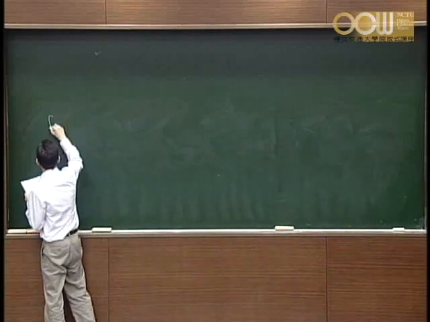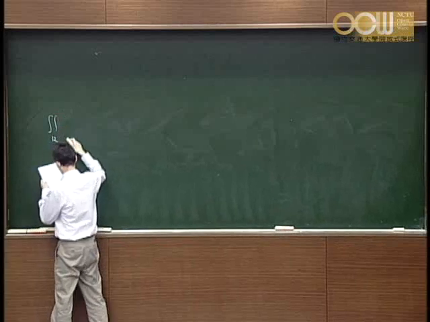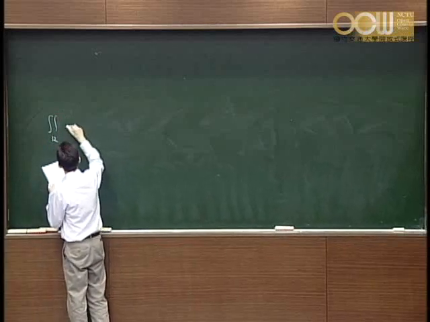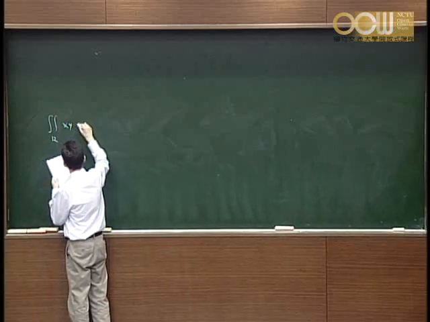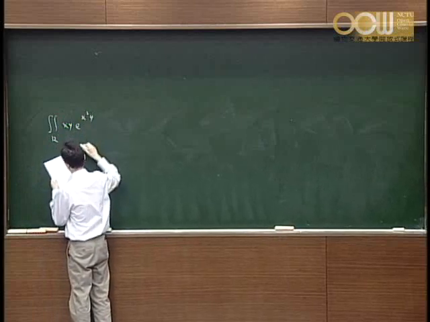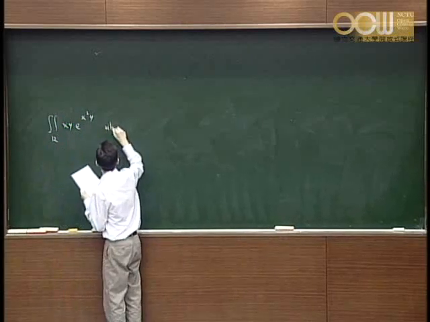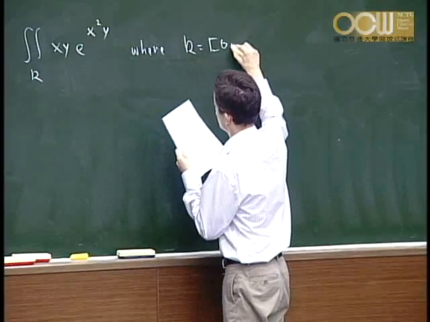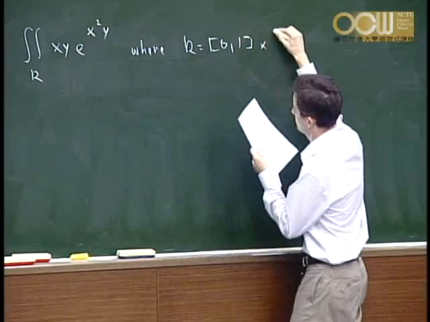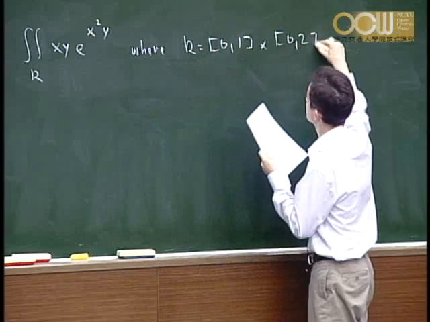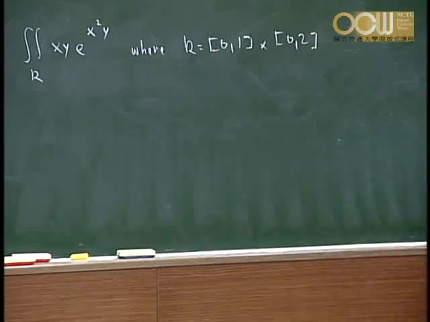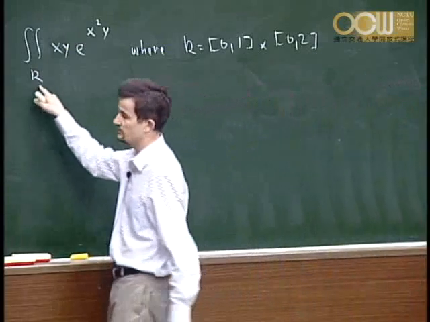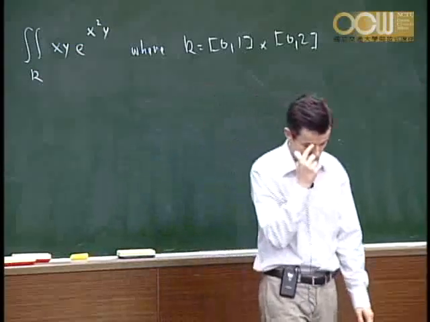Okay, so here, if you have this integral, x y e to the x square y, where R is equal to 0, 1 times 0, 2. Of course those examples are not very complicated because we always work on a rectangle.